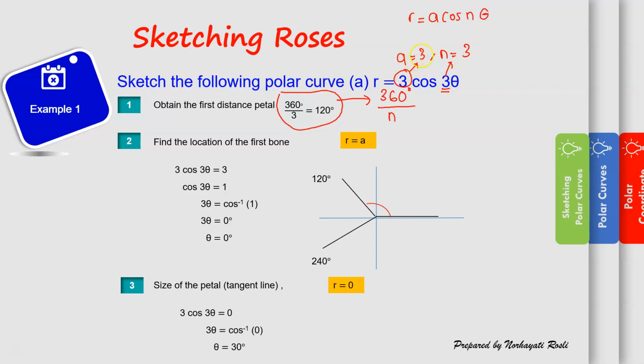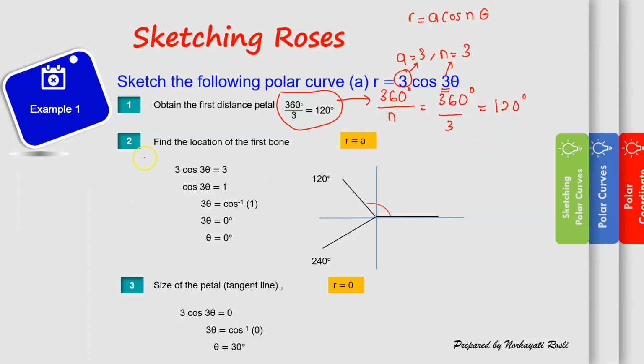So with a equal to 3 and n equal to 3, to obtain the first distance petal, you have to divide 360 degrees by n. Our n here is 3, which means I have 360 degrees divided by 3, so it is 120 degrees.